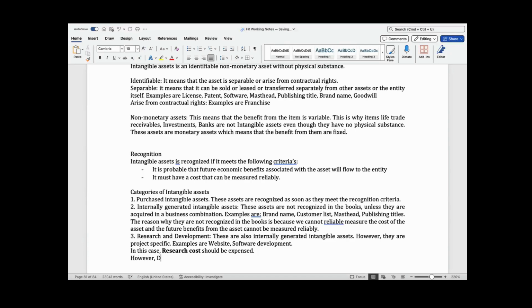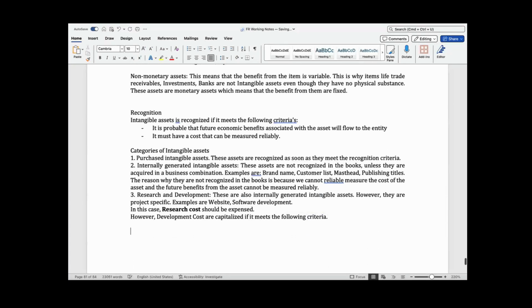However, at the development phase, development costs are capitalized if they meet the following criteria. So just so that you can easily cram it for the exam, I'll break those criteria down into PIRATES, right?